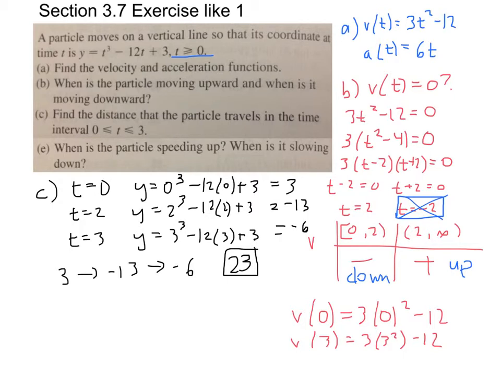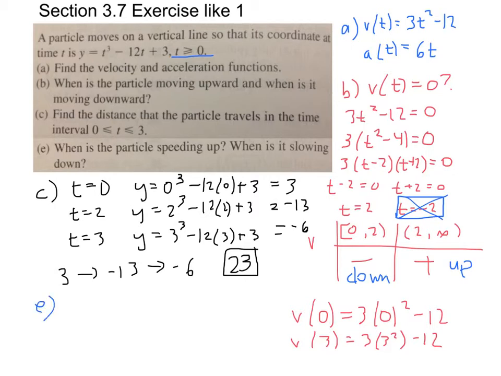Which is a lot different from the 9 you would have gotten if you had just gone from 0 to 3. So again, if you're looking at a distance something is traveling, you have to pay attention to when it's changing signs. You have to look at the distance you traveled in each sign of velocity, up and down.